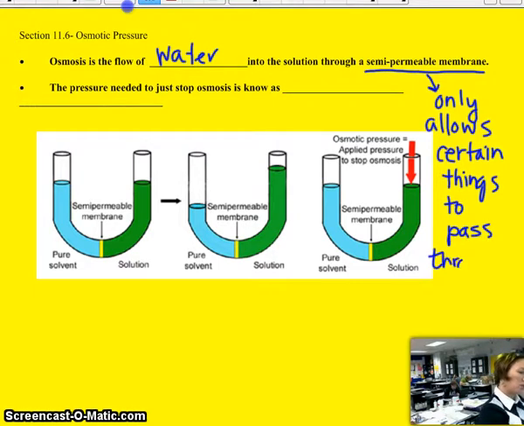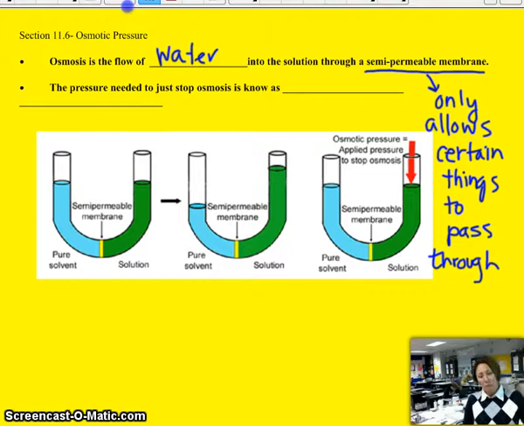You only allow certain people to enter the country. So the semi-permeable membrane only allows certain chemicals to enter into the cell or out of the cell. Typically water can move through a semi-permeable membrane, but larger molecules like sugar and salt cannot move through a semi-permeable membrane. So the flow of water through this membrane is known as osmosis.